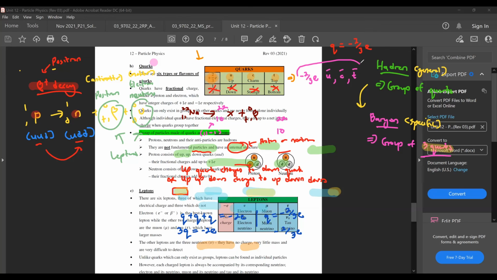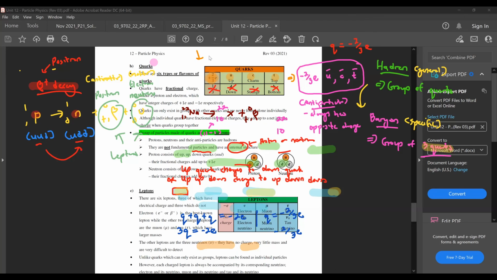To get a charge of -2/3e, you need to talk about the antiparticles. Antiparticles always have opposite charge, but the same magnitude. So I have magnitude 2/3e. I just need to have them in an opposite sign. I need to talk about the antiparticles.